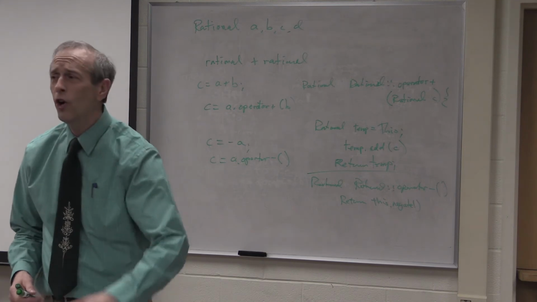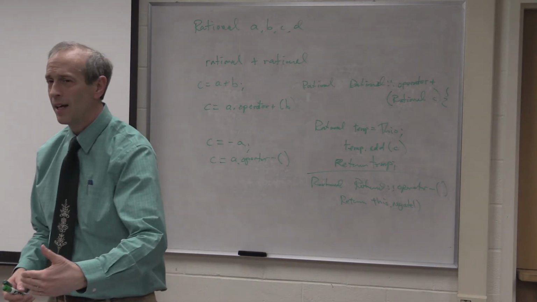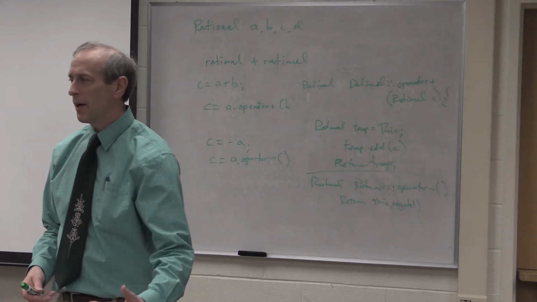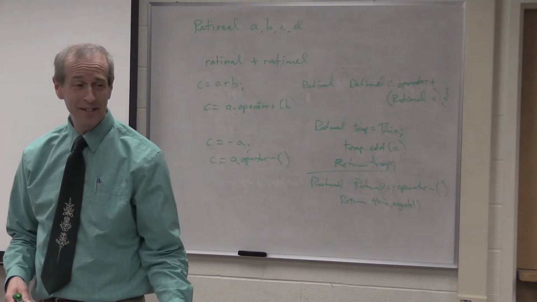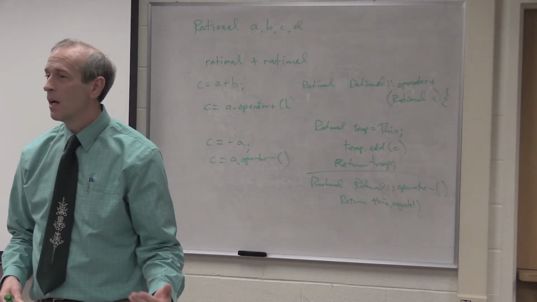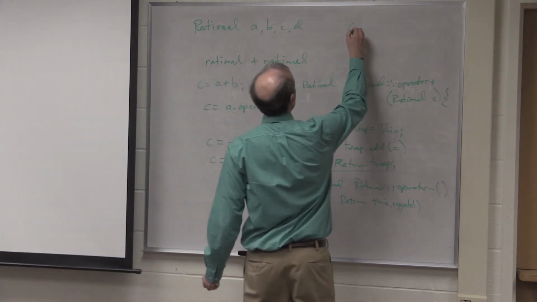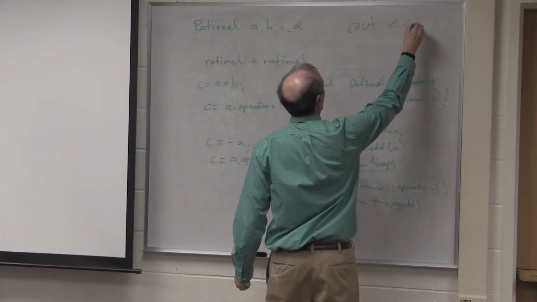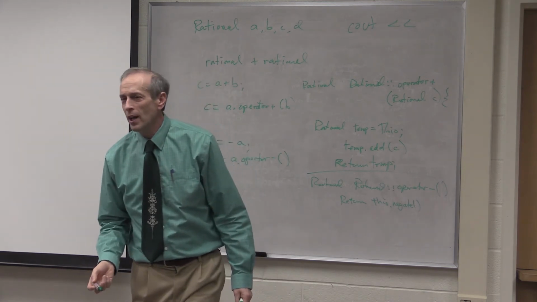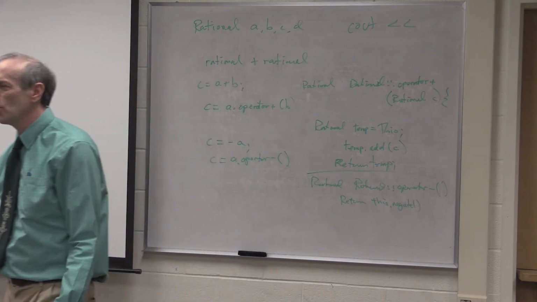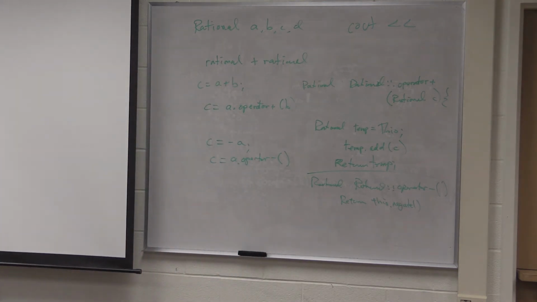You can overload any C++ operator. Plus plus, minus minus. Do you realize that when you say cout and use the less than signs, that's an overloaded operator? That's really, in the original language, a left shift of bits.